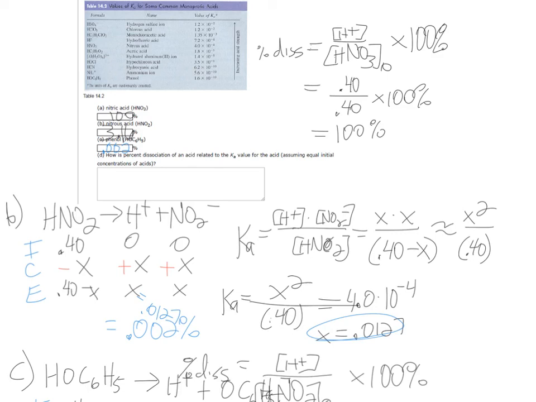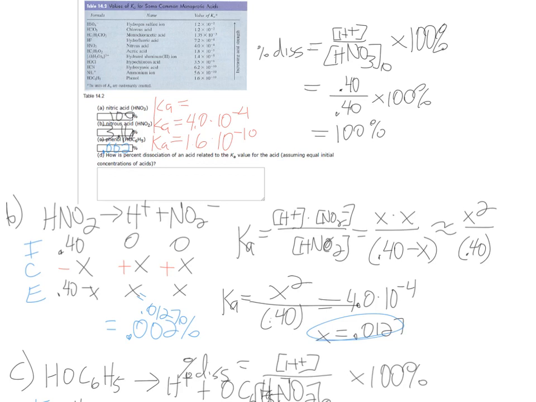Well, if we just quickly list the Ka values for each of these acids, for phenol it was 1.6 times 10 to the negative 10th, and we got a percent dissociation of 0.002. For nitrous acid, it was 4 times 10 to the negative 4th, and we got a percent dissociation of 3.16%.